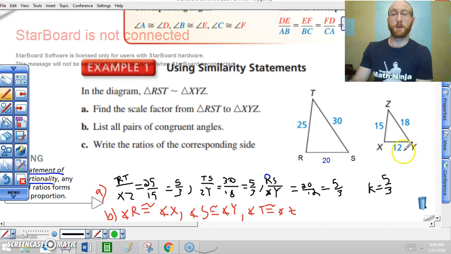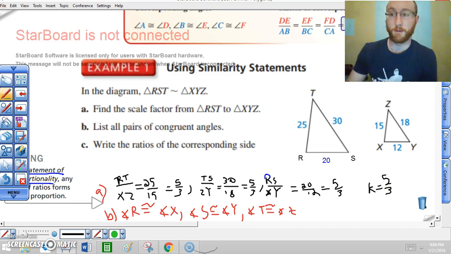TS over ZY is 30 over 18, that simplifies to 5/3 also. And lastly, RS over XY is 20 over 12. We divide by 4, that simplifies to 5/3. These all are 5/3. That means the scale factor k equals 5/3.